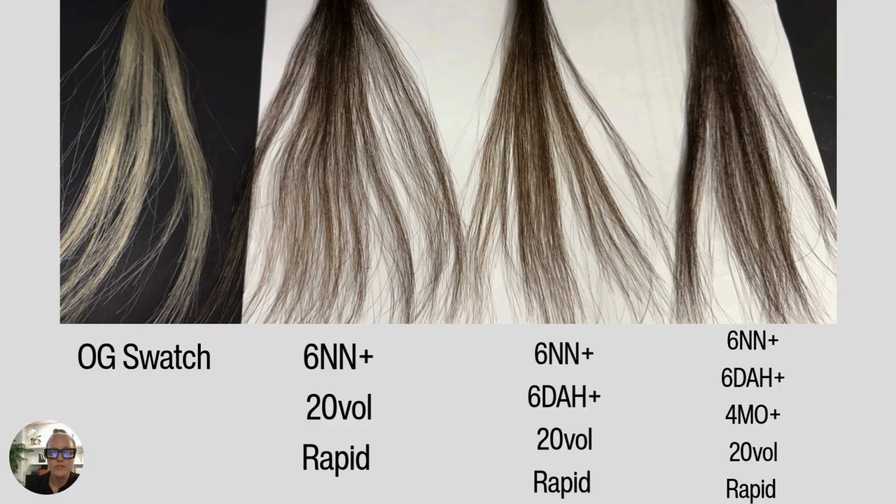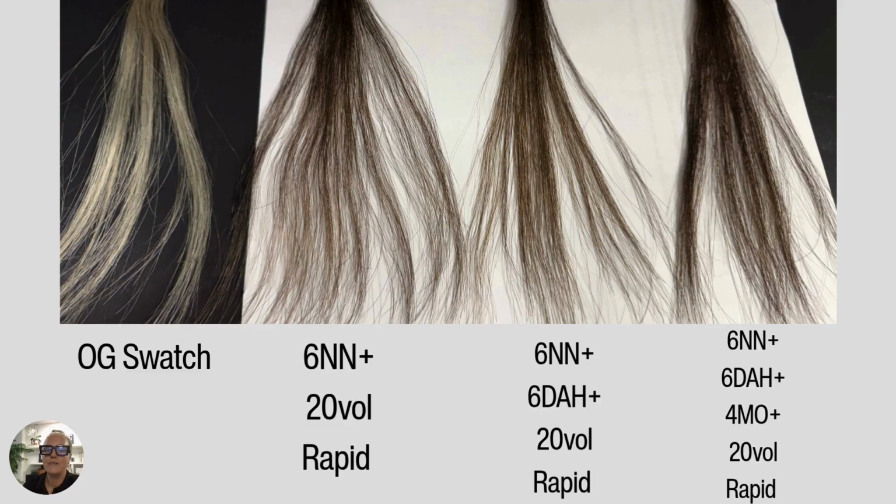Could I have used the 6TO in this formulation? Sure, I could have. But what I know about OCS is that sometimes adding a little bit of depth or a little darker shade when we're working on gray coverage helps to fill that out. There's more pigment packed into a darker shade than there is in a lighter shade.